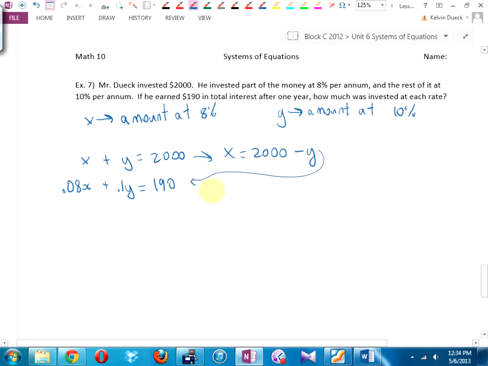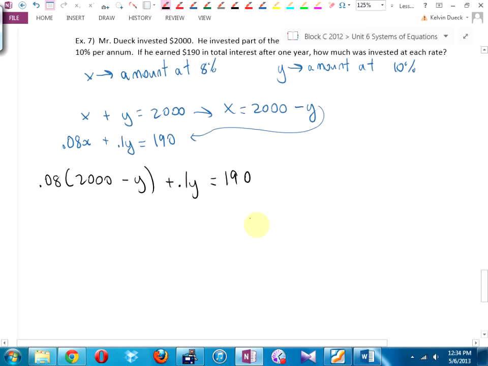Yoink. Right into there. So we're going to get 0.08 bracket 2,000 minus y plus 0.1y equals 190 bucks. Now we're on to it. 0.08 times 2,000.